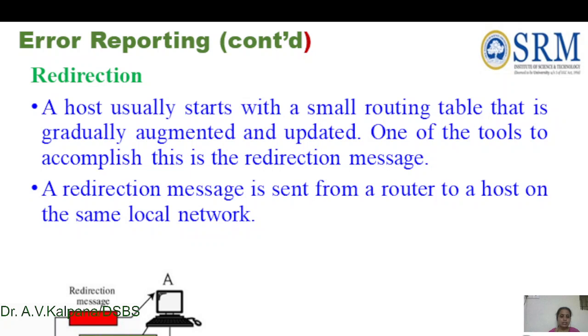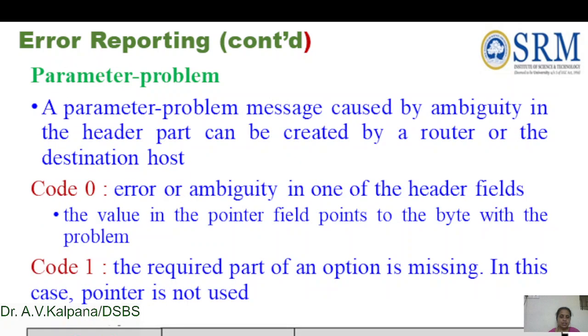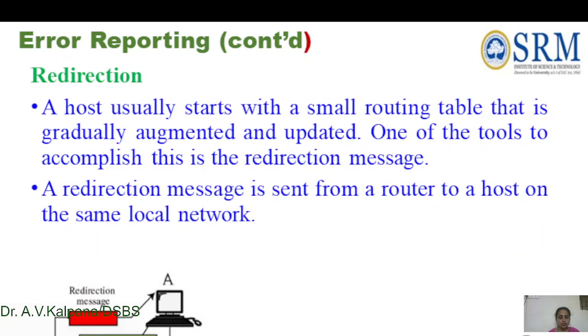Based on the shortest path, the router updates its routing table. Node A has to send the packet to router 2, but unknowingly, through unupdated information, it sends the IP packet to router 1.